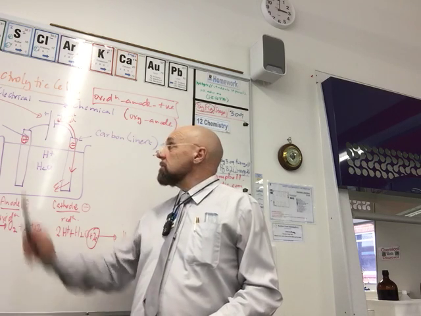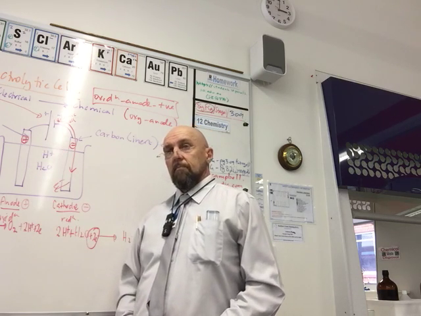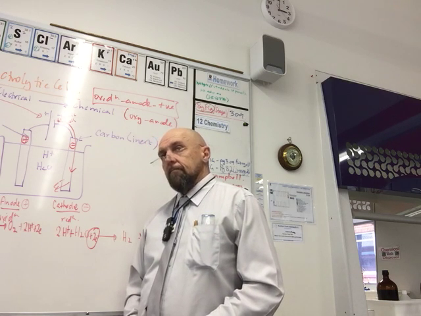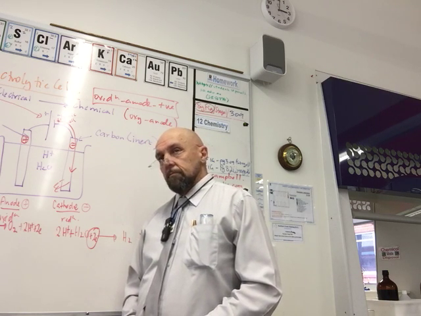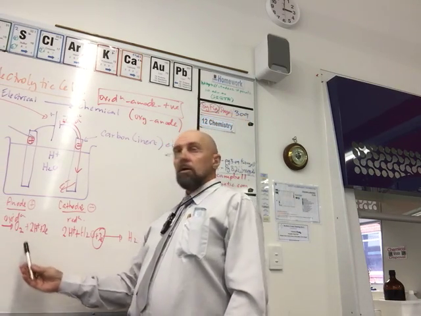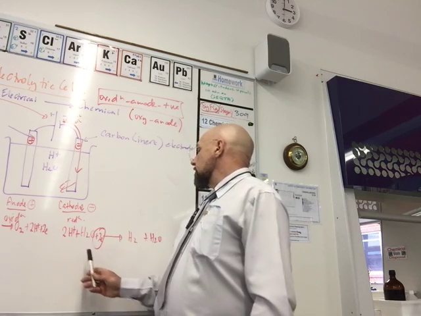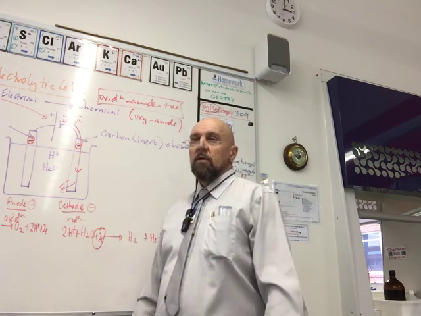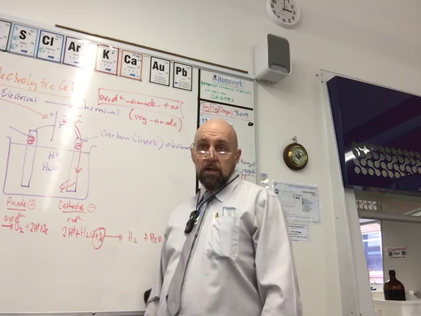The driving force is the battery. You start off with the equation, you start off with water. I think your question is saying, how did I know that I'm going to get oxygen? And how did I know that I'm going to get hydrogen? Because I've already looked it up. I've gone to the table of oxidizing agents and reducing agents.